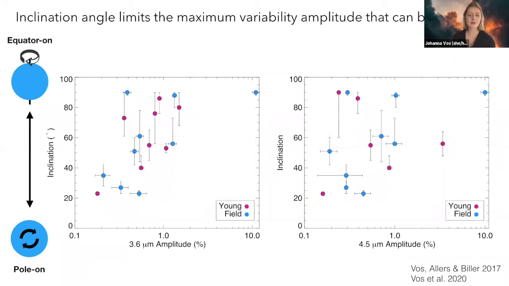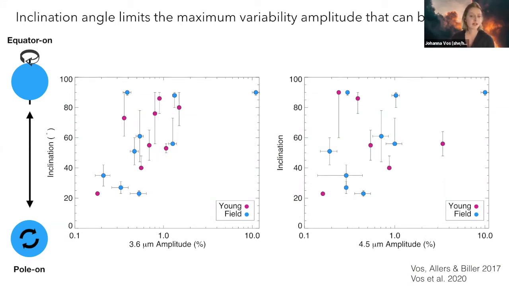And we see this dependence of variability amplitude on the inclination angle. The bottom right-hand corner is completely empty in both plots, which means there are no high amplitude objects inclined close to pole on. All of the really high amplitude variables are up closer to 90 degrees. And we don't even have any variability detections at inclinations less than 20 degrees.